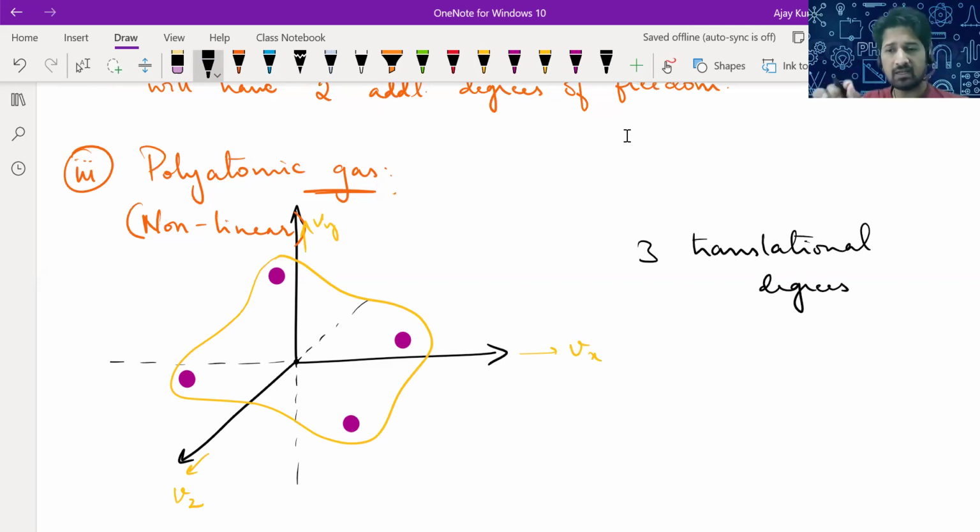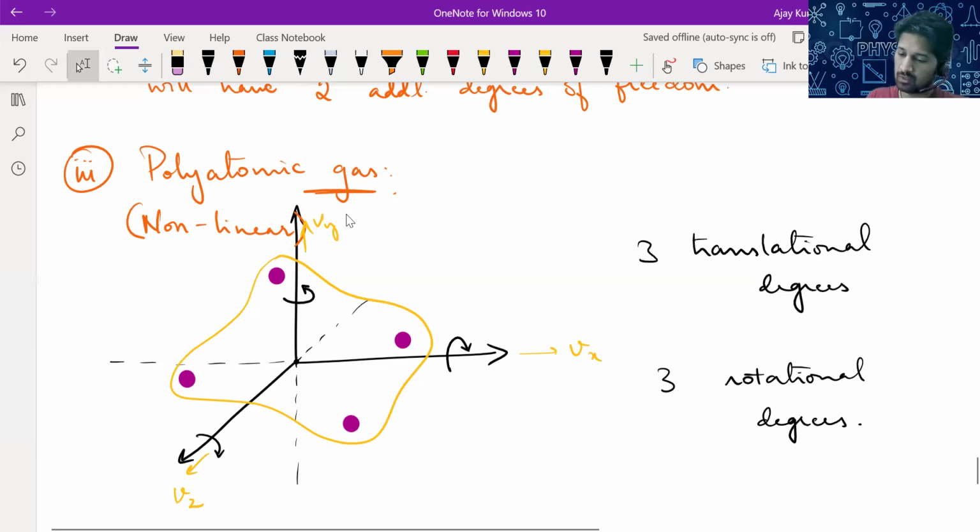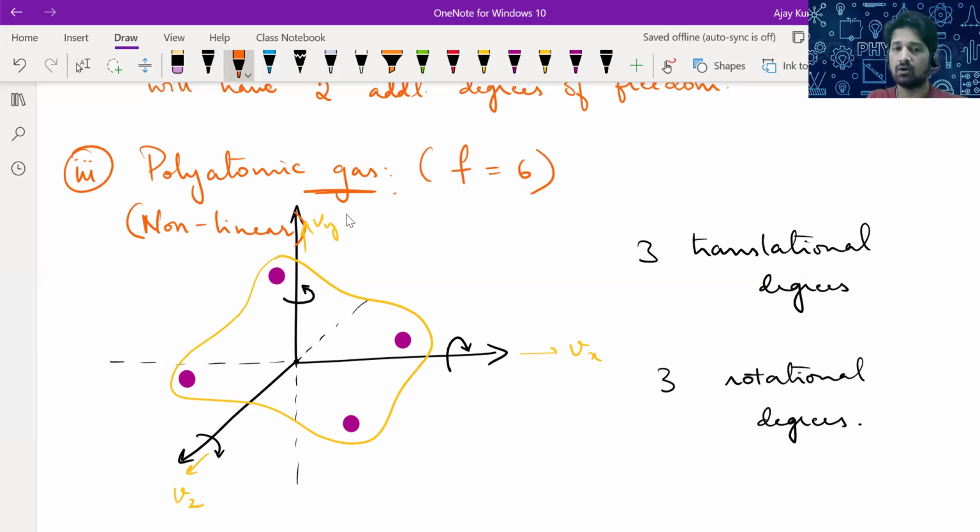Since there is no particular axis on which all the atoms lie, it will have significant moment of inertia about the x-axis, about the y-axis, and also about the z-axis. So it can have three rotational degrees of freedom as well. So three translational degrees of freedom and three rotational degrees of freedom. The total number of degrees of freedom for a polyatomic gas will be 6, provided it is non-linear.